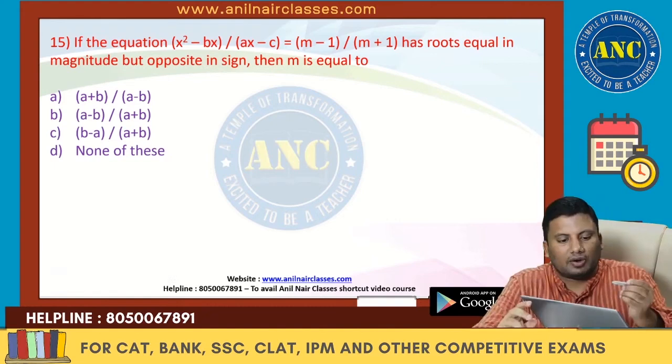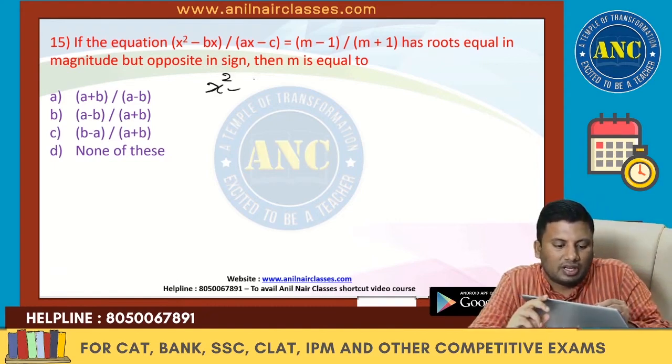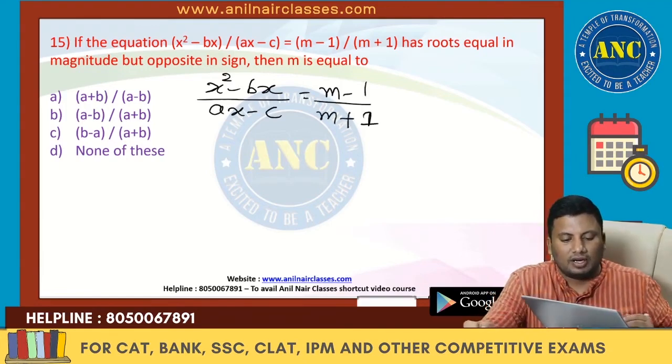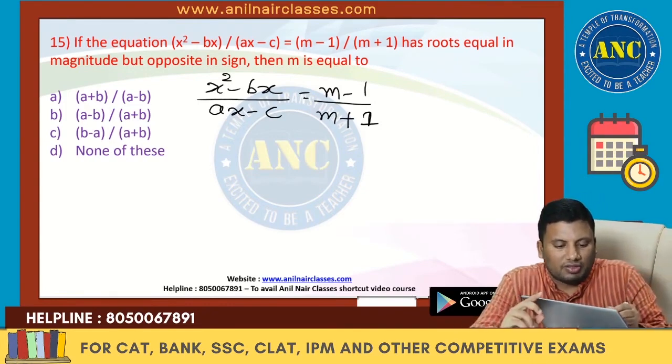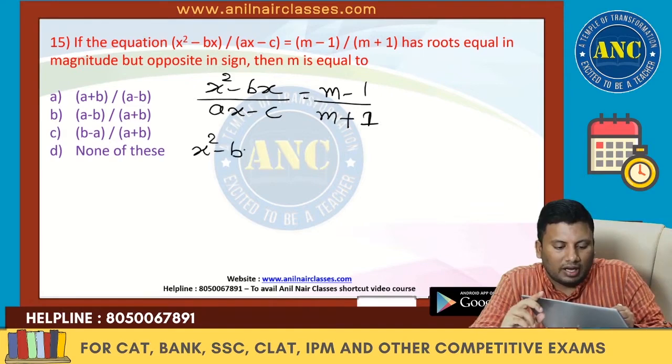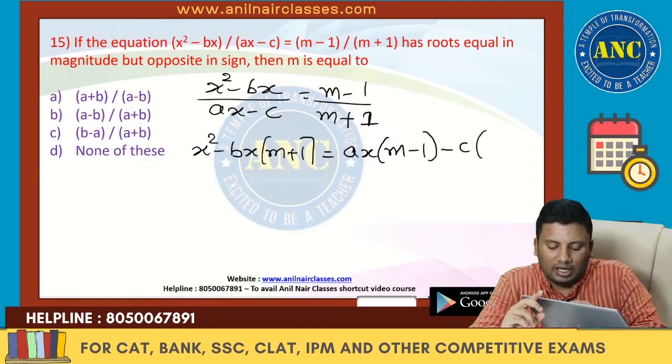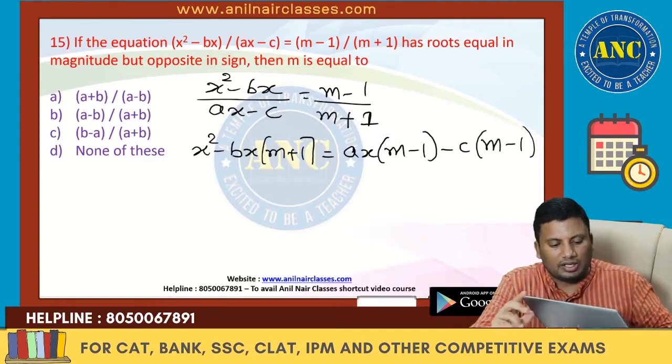Next one, read the question. There is an equation (x square minus bx) by (ax minus c) equal to (m minus 1) by (m plus 1). This is x square minus bx into m plus 1 equal to ax into m minus 1 minus c into m minus 1.